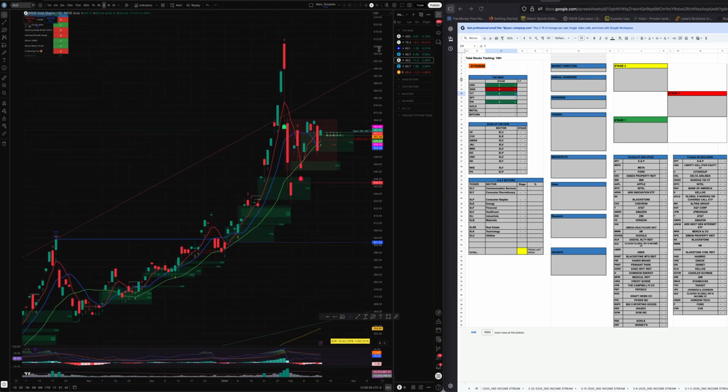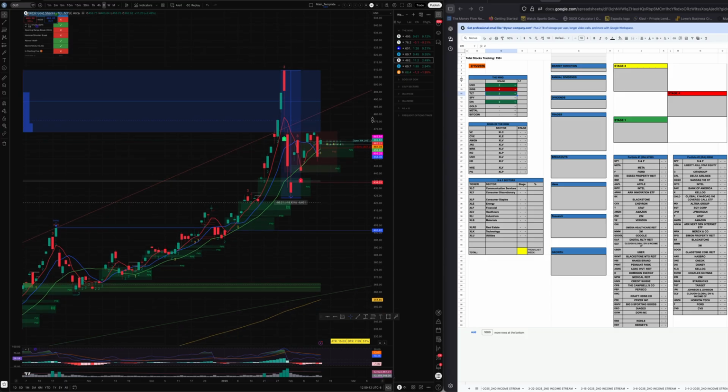Gold, from my all-time high around 509, dropped down to 423, bounced up, came back down, went up, came back down, went up. So right now it's in a stage two, and it's a good trade here.